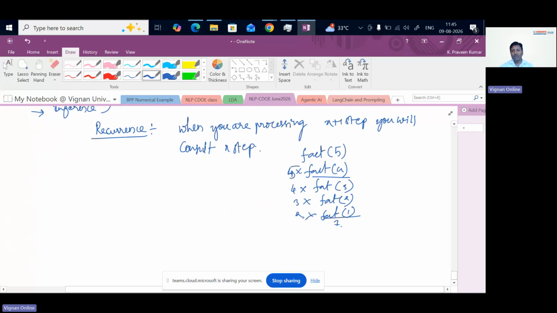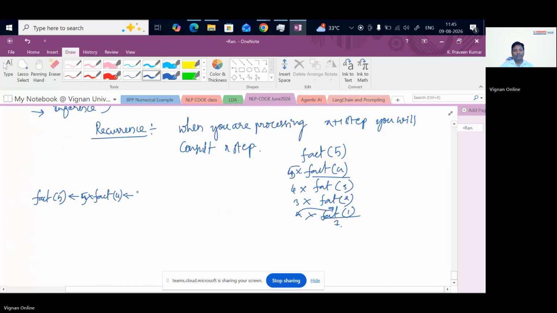So 2 into 1 is the result of this one. What is happening here is that it is going cumulatively. If I put them in sequence order, fact of 5 will come from 5 into fact of 4. To get this one, I require 4 into fact of 3. To get this one, I need 3 into fact of 2.